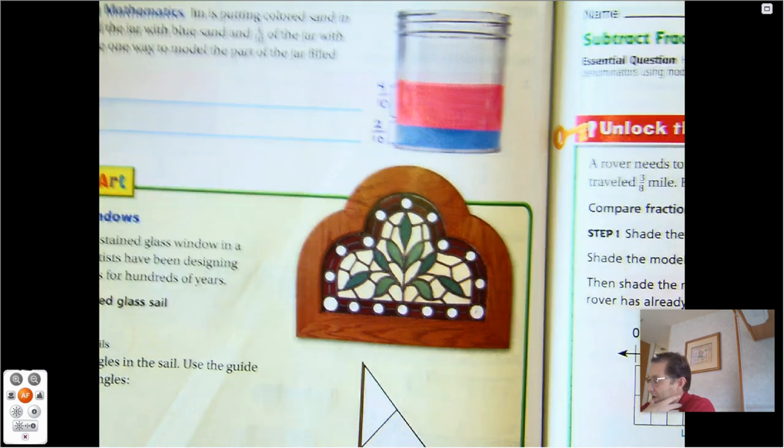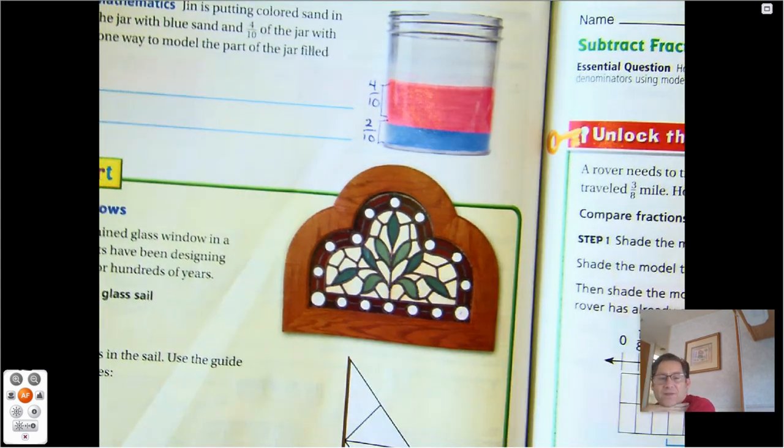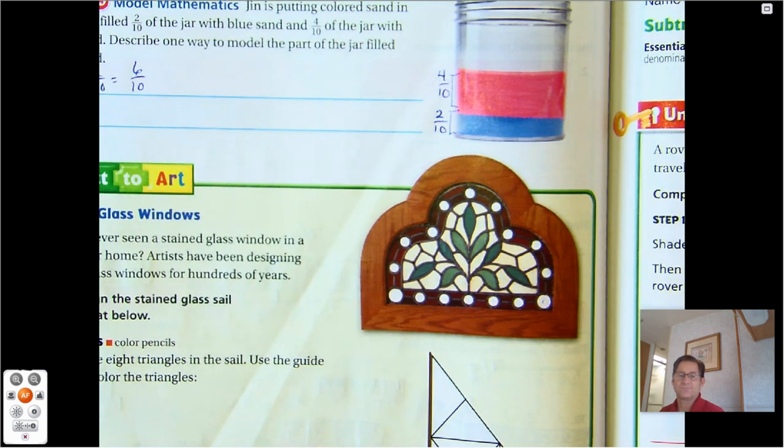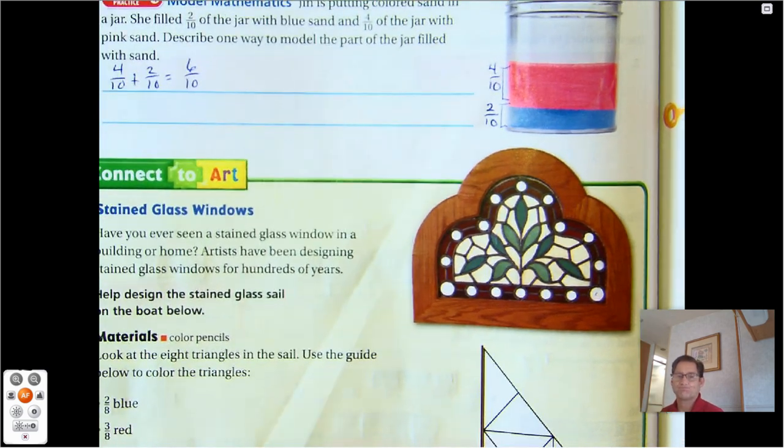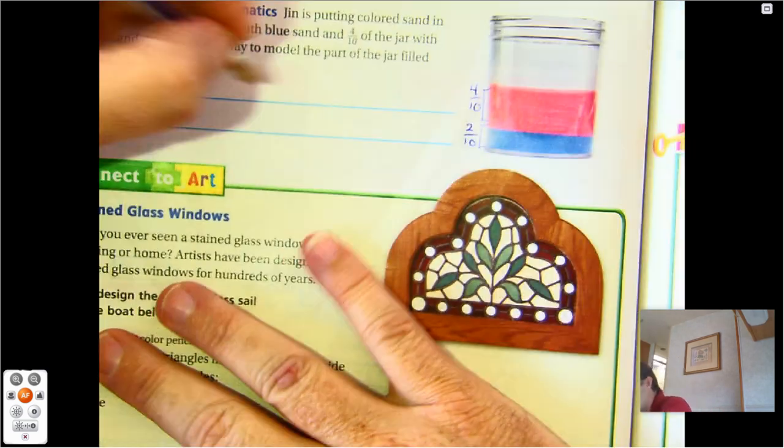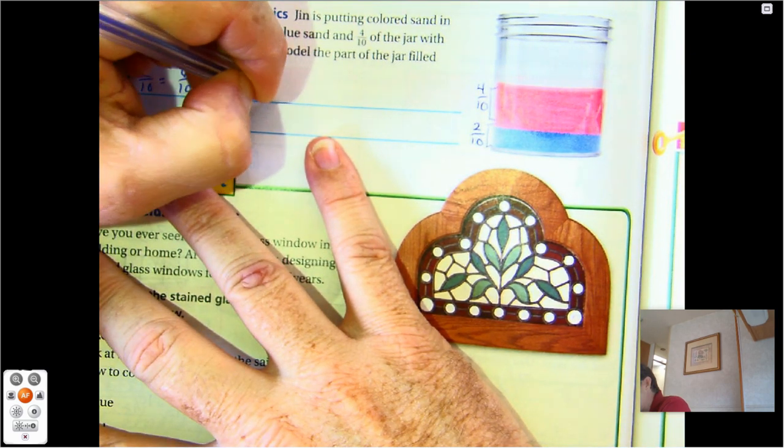Okay. So describe one way to model the part of the jar filled with sand. So how could we do this? Well, we could draw a rectangle. Let's draw a rectangle for the model, just to represent the fraction strips.